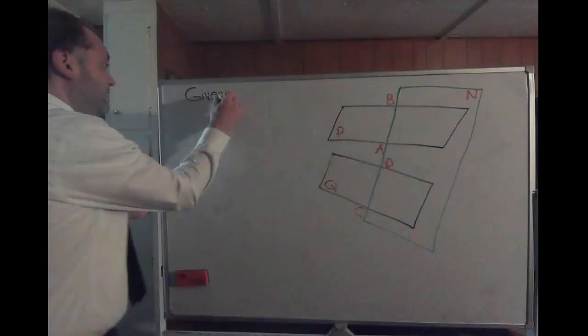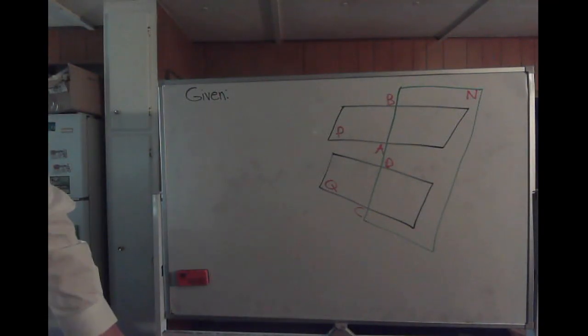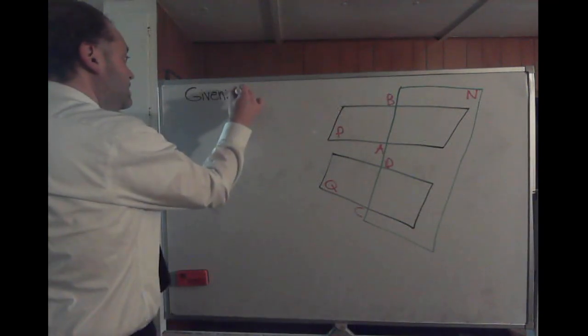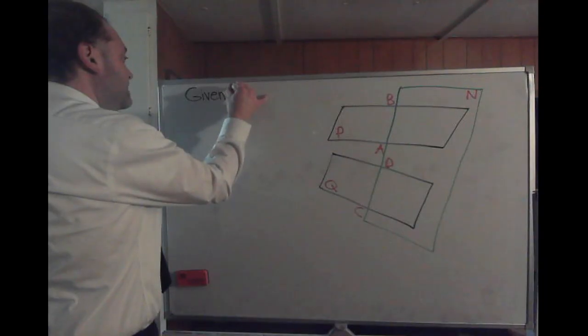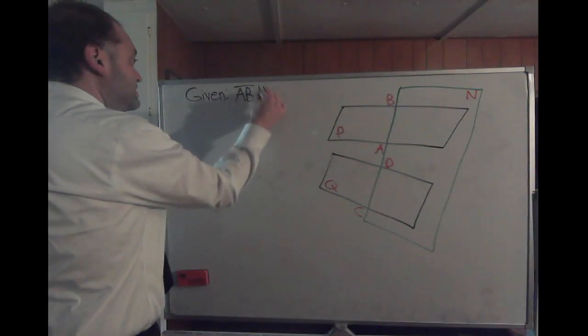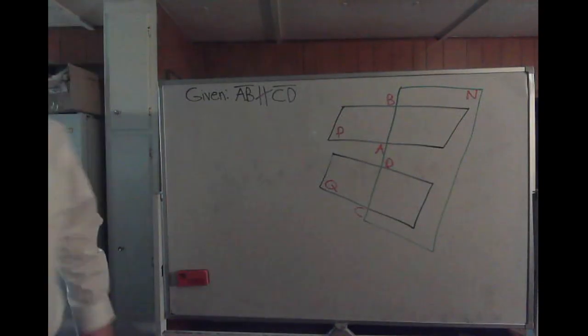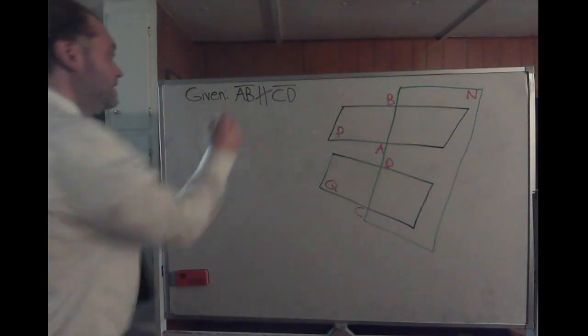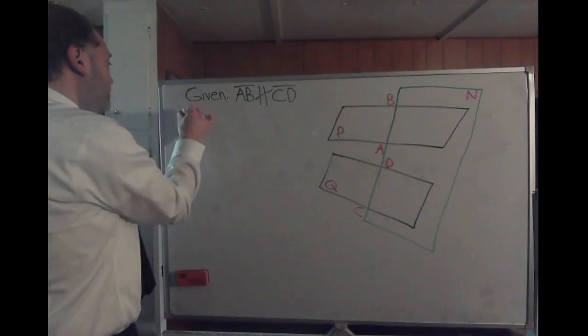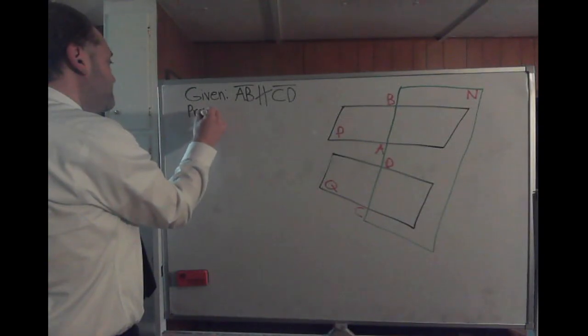We are given that segment AB is not parallel to segment CD. Right? What are we to prove out of this?